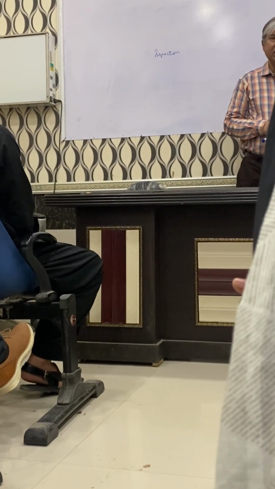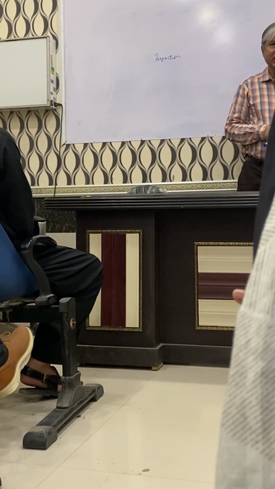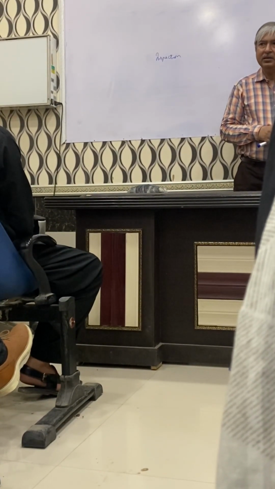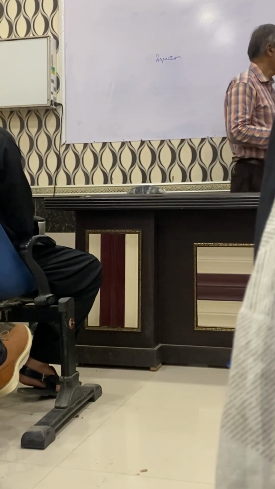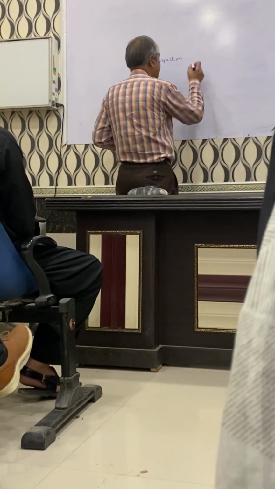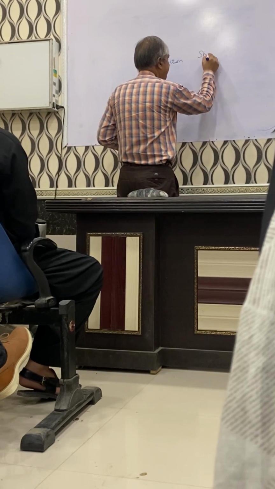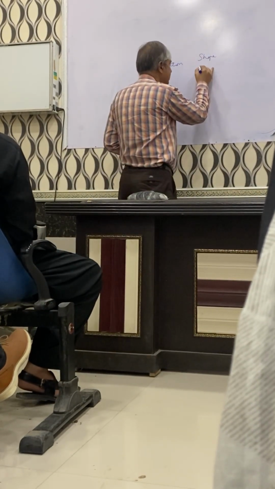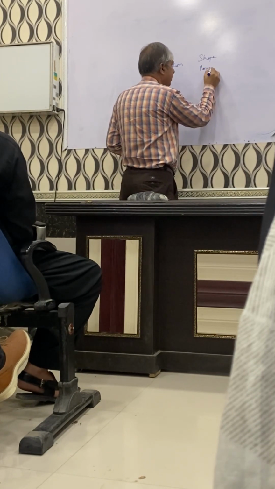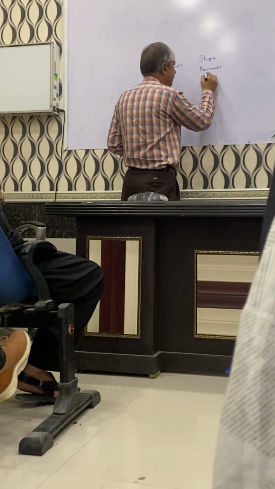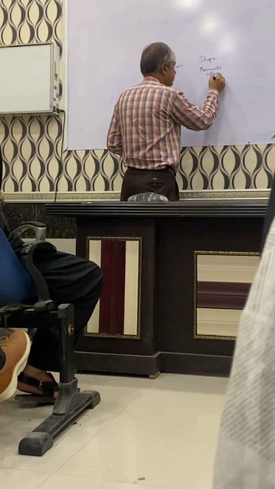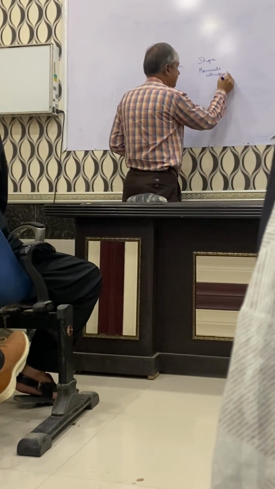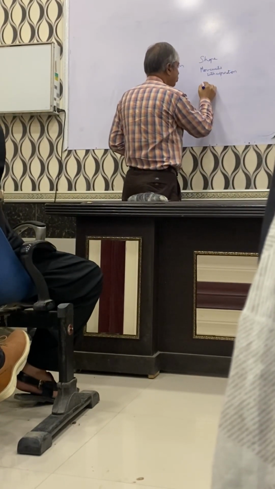So what things are to be examined in inspection? These all things are to be examined in inspection of the abdomen. So you should see the shape of the abdomen. You should see the movements with respiration. You should see the umbilicus.